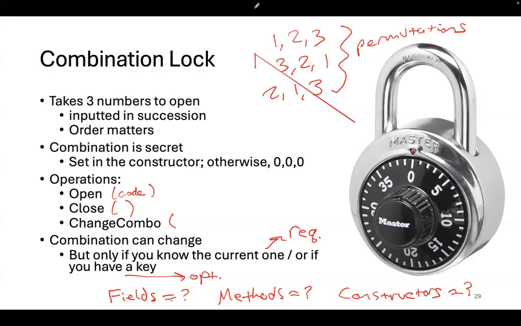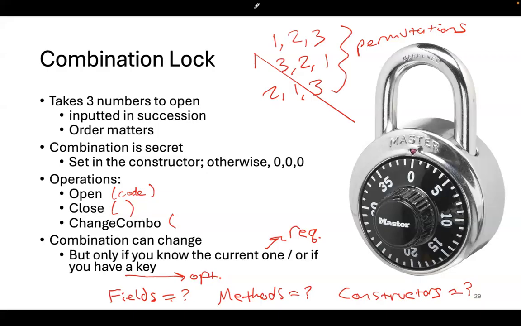Do you want to do constructors for that or methods? I think a constructor is only for setting up the object, only for making a brand new lock. That's what a constructor is for. Anything that we're changing about the lock after we've created it is a method. Okay, that's how I was thinking.